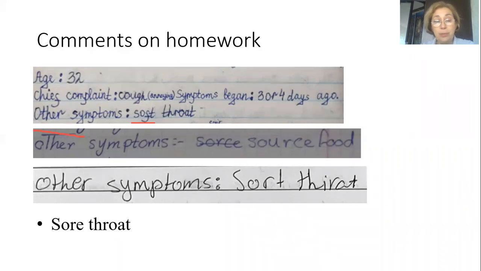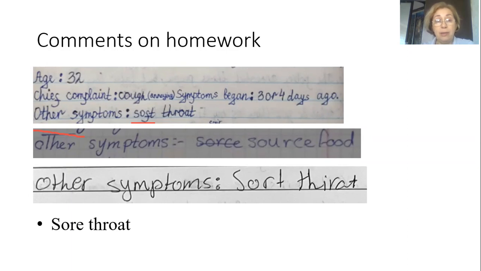There you can see some screenshots from different students' papers, and for example, one of them writes soft throat. I mean that he understands that there was something wrong with the throat, but why didn't you consult the dictionary? So it's easy. The task was not very long and complicated.